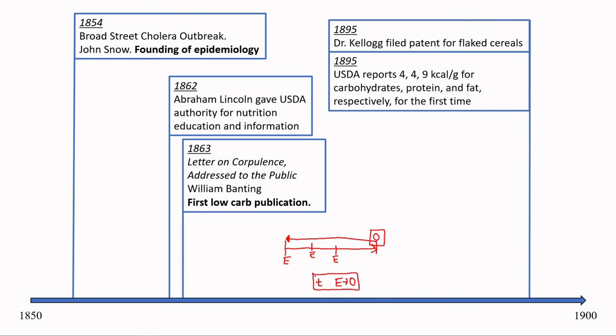And also in 1895, the USDA, led by Dr. Atwater, who was described as the father of nutrition research and metabolism, published research findings for the famous 4 kilocalories per gram of carbohydrates and protein and 9 kilocalories per gram for fat, respectively, which laid the foundation to accurately count nutrient intake for future epidemiological studies.